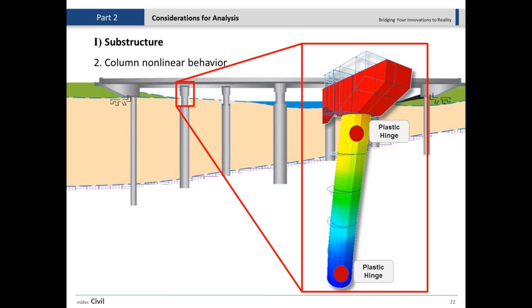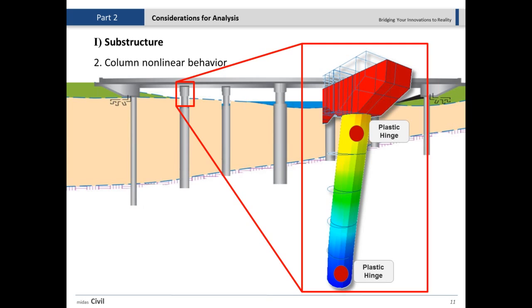But when it comes to seismic analysis, if you want to consider only the elastic behavior of the structure, sometimes you may need a very large section to respond to that much force, because the dynamic force you can just consider as a static force, which has magnifying factors on top of it. So if you increase the size of the sections, you're going to have more self-weight, more mass, and that mass is going to absorb more energy, and it's kind of contradicting each other.